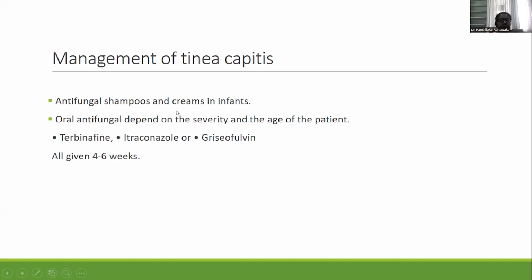Then, in older children, we give oral antifungals, depending on the severity and the age of the patient. All three drugs, terbinafine, itraconazole, and griseofulvin, are effective, but we have to give for 4 to 6 weeks or until it cures. We can't say exactly what the period is until it cures, right?